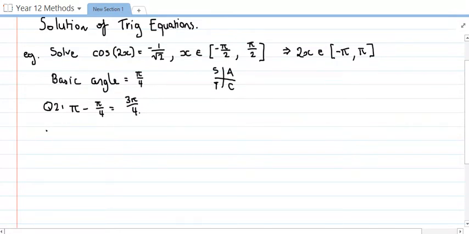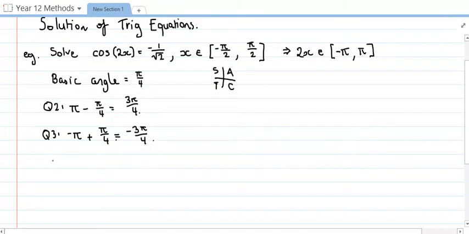So the quadrant 3, or quadrant negative 2, I guess you could call it, is a little bit of a weird sort of situation. In this case, I'm just going to call it quadrant 3, okay? We'll use negative pi, and then we're going back in the positive direction, so we're going to add on that basic angle. And when we solve that, negative pi plus pi on 4 is negative 3 pi on 4.